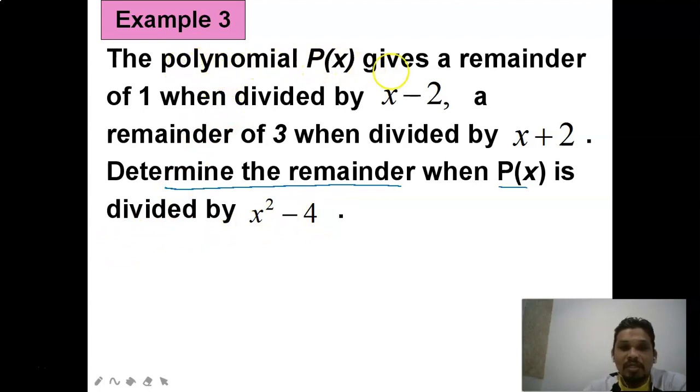The polynomial p(x) gives a remainder of 1 when divided by x minus 2, meaning p(2) equals 1. Divided by x minus 2, so x equals 2 and the remainder is 1. And then when divided by x plus 2, the value of x equals negative 2 and the remainder equals 3.